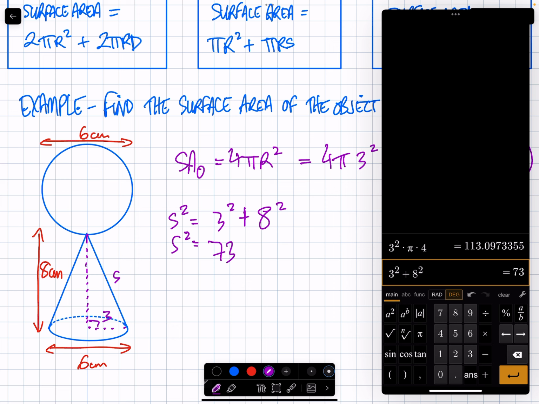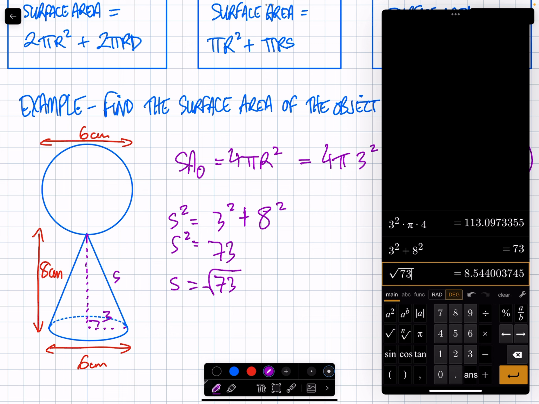And from our previous topic, what was the opposite of squaring something? Square rooting. Good. S is going to be the square root of 73. And because we're no longer doing quadratics, do we have to worry about negative numbers? No. Thank the Lord. So, square root 73, that's about 8.54 centimeters, rounded to 2 decimal points.